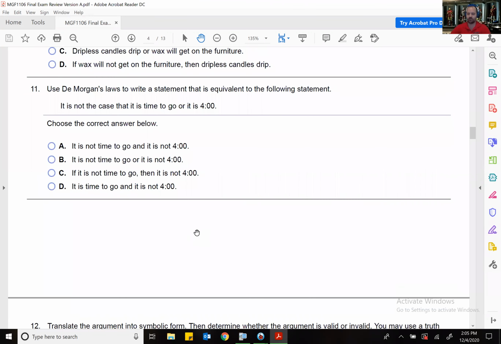It says: it is not the case that it is time to go or it is 4. So they want to know which one of these statements down below is the equivalent.